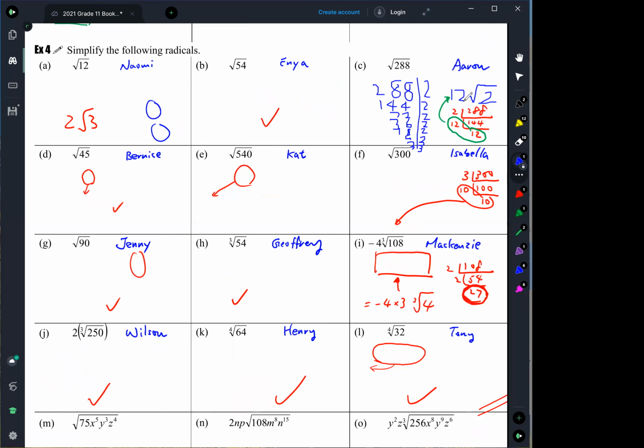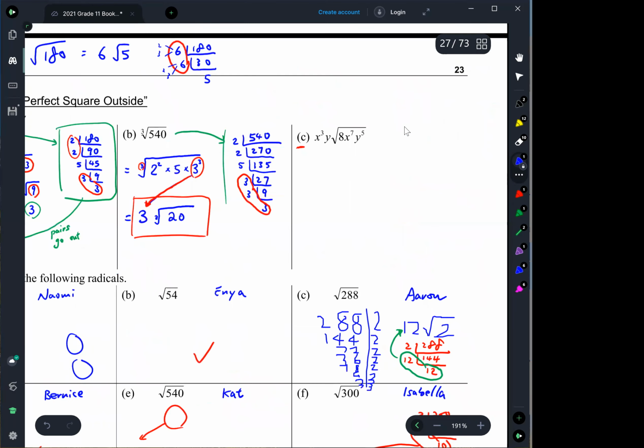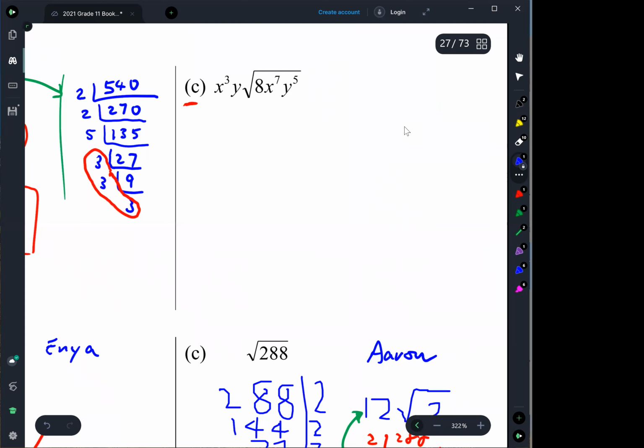Now you understand how to find pairs and triplet for number. Same thing with variables, same idea, okay? What we have here is a square root. So you look at inside, right? The 8. Okay, hold on.